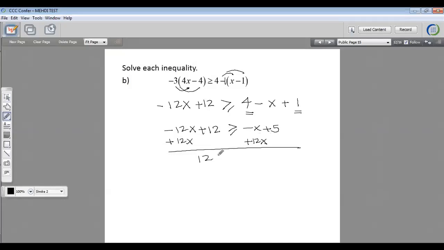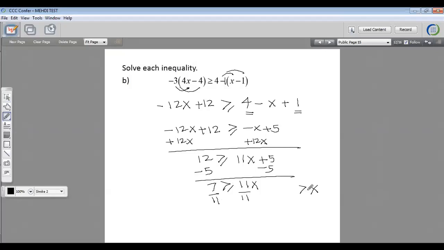Then I get 12 greater or equal to 12x minus x, which will be 11x, plus 5. If I subtract 5 from both sides of the equation, so we get plus 11x is less than or equal to, that would be plus 7. Good. Divide both sides by 11, we're done.